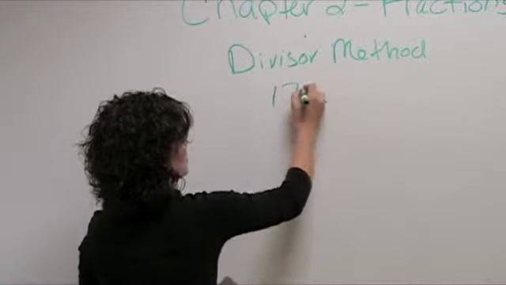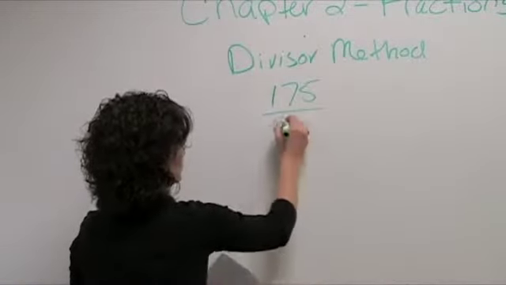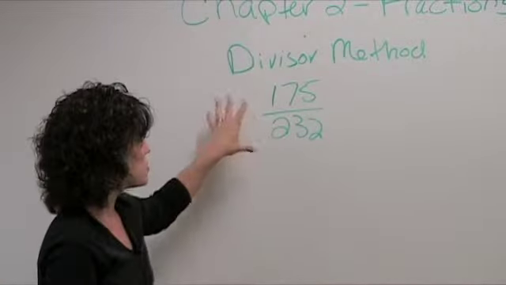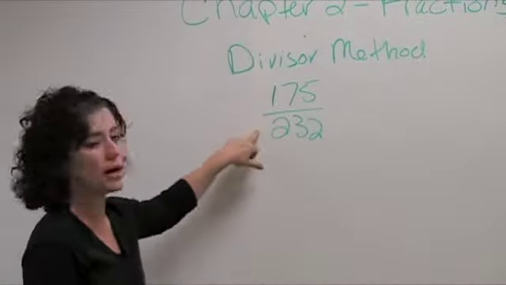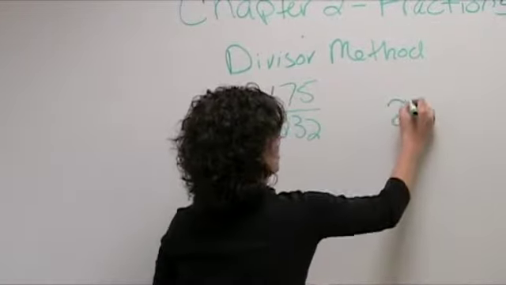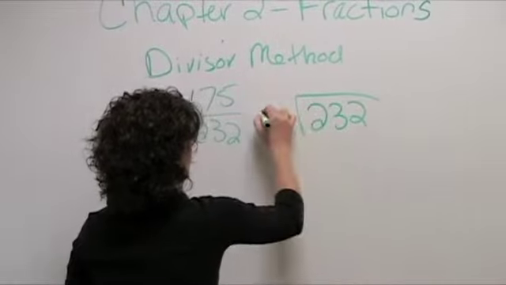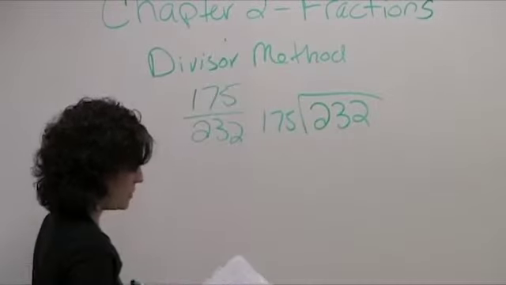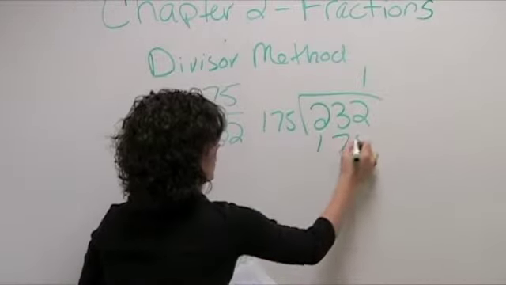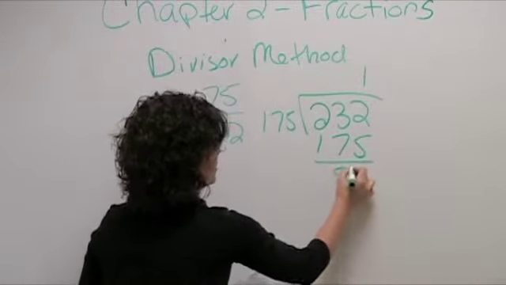So if we have 175 over 232, and I ask you, can this number be reduced? So can a number go into both the top and the bottom so that I can reduce this number down? What I do is I take 232 and divide it by 175. I know this can go one time. If I put 175, subtract it out, I should get 57.